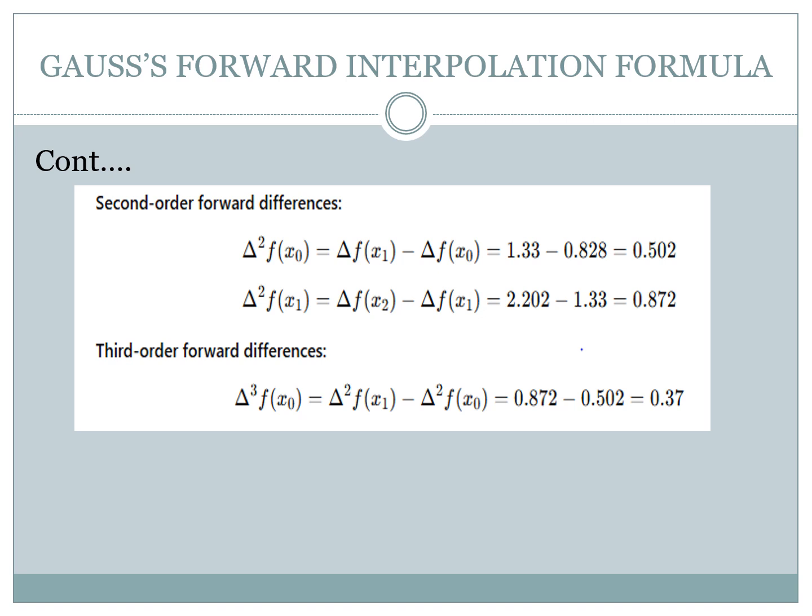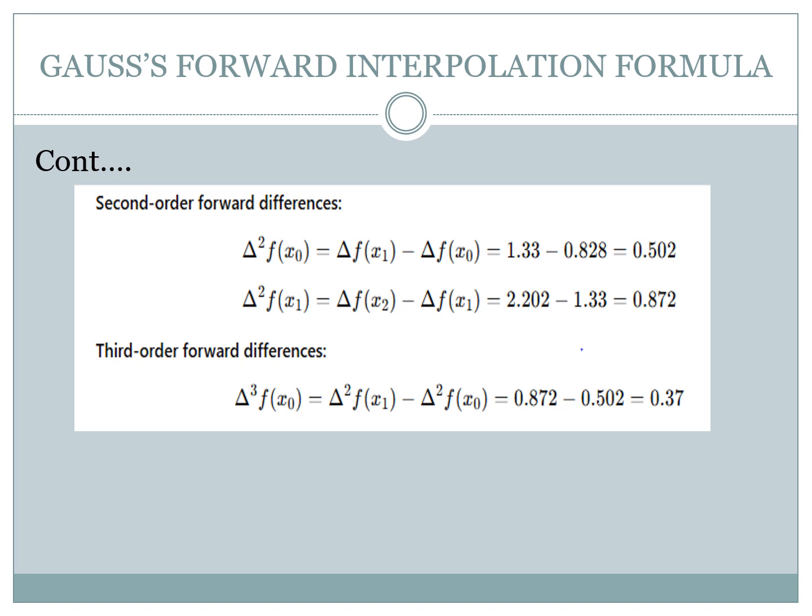So we subtract these two: 1.33 minus 0.828 equals 0.502.